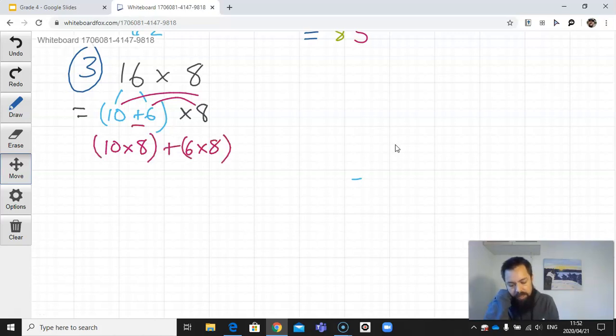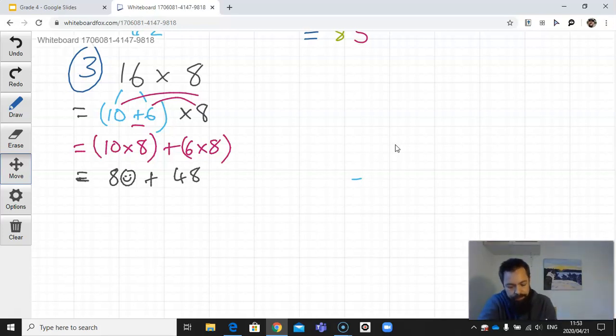We tie things up neatly with the brackets. 10 times 8, or 8 times 10, is 80. 6 times 8. I'll give you a moment to work that out while I have a sip of tea. Chance to practice your times tables. Hope you got 48. If you didn't, you need to practice some more.